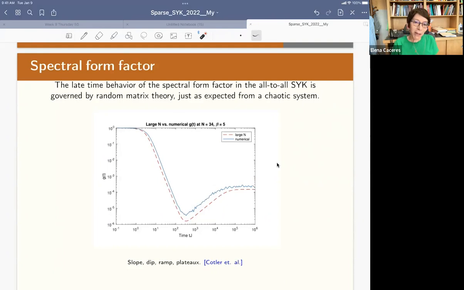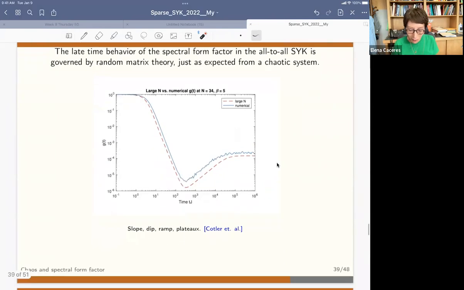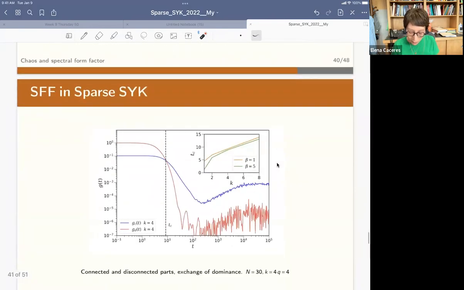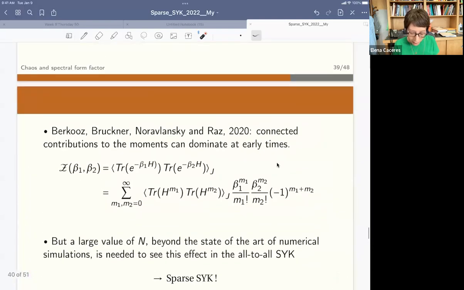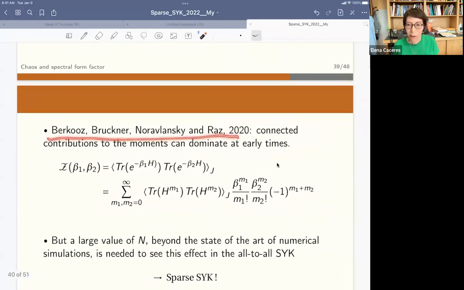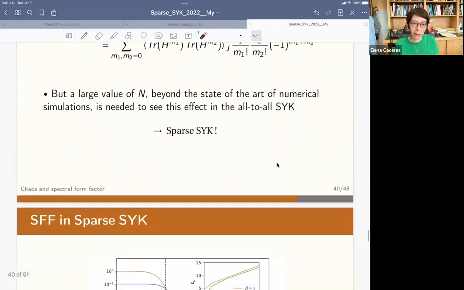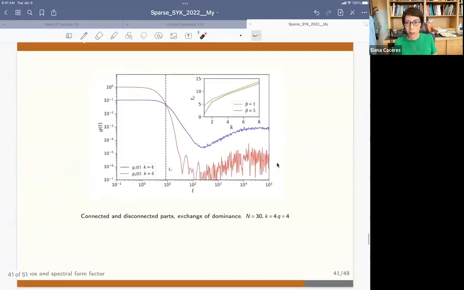What is the bulk interpretation of this phenomenon? It's at the moment unclear. It's not known. The ones that conjectured the existence of this proposed that we have two disconnected geometries, but somehow they are connecting, and it's not a wormhole because it's not this other saddle that is at late time.